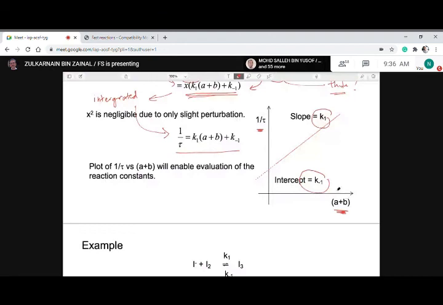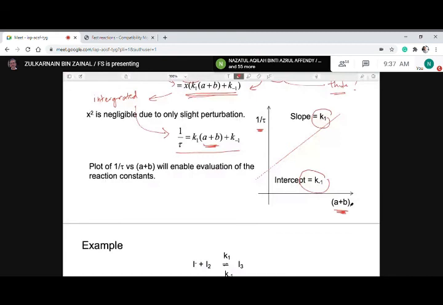What are concentration A plus concentration B? A and B are the initial concentrations, so you can do that.